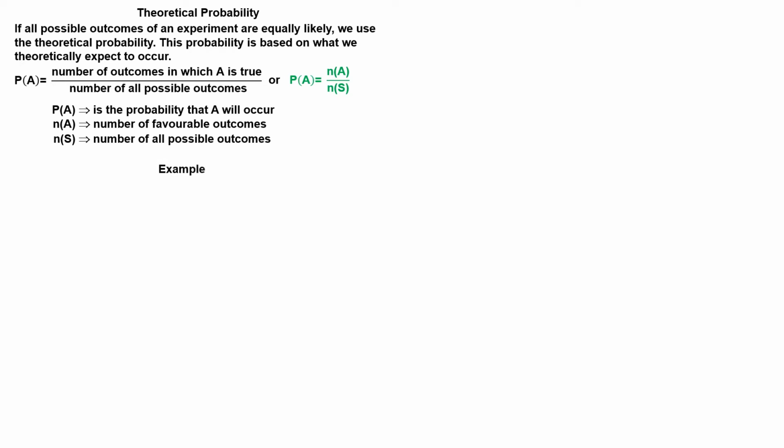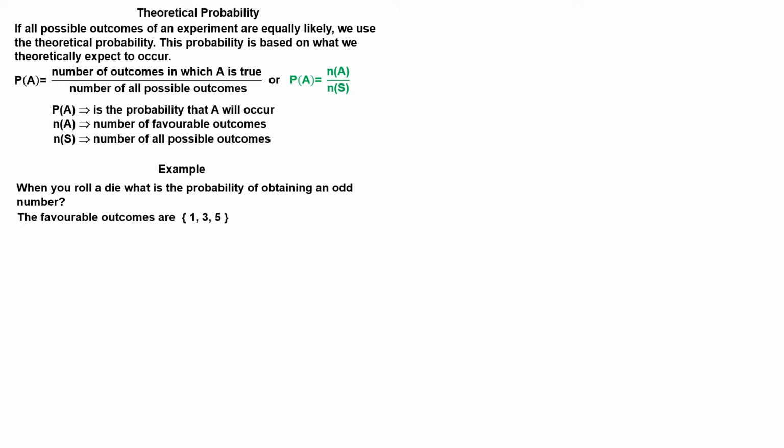Example: when you roll a die, what is the probability of obtaining an odd number? The favorable outcomes are 1, 3, 5. The number of favorable outcomes is 3.